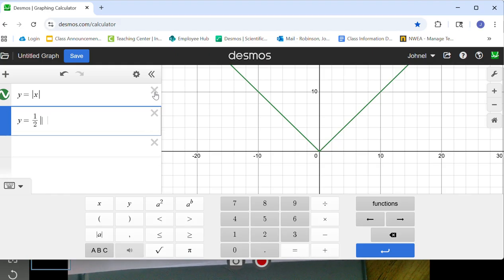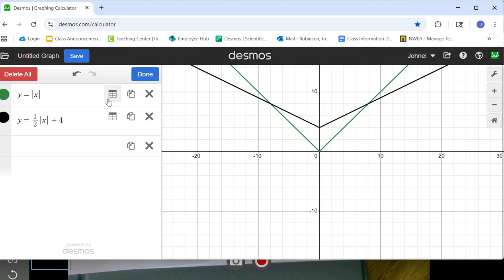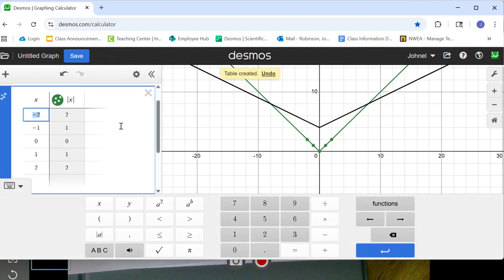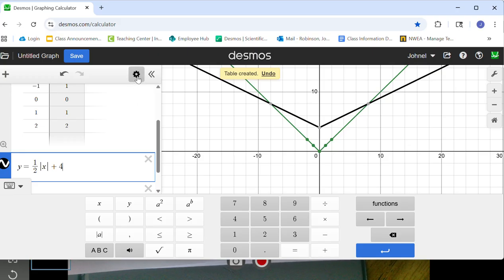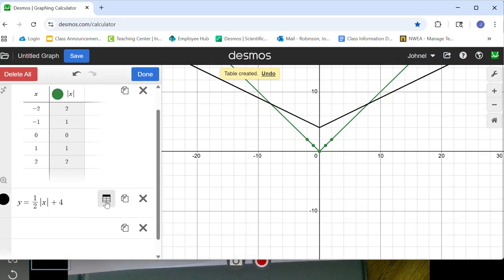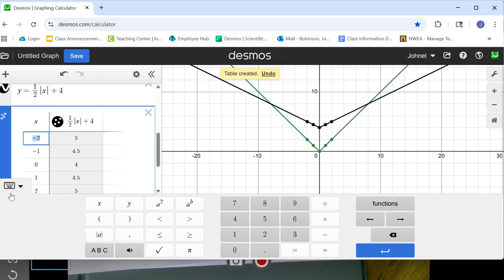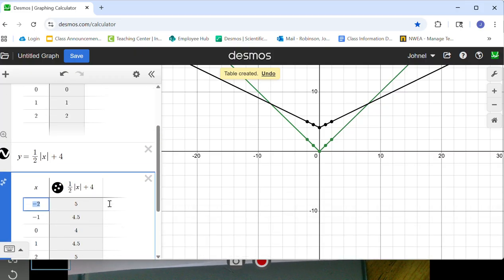Make sure you type it right. Check your work. Make sure what you type is what's on the paper. Alright, it got wider and it shifted up. So I'm going to pull the table for both functions.